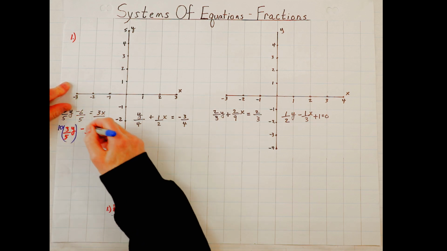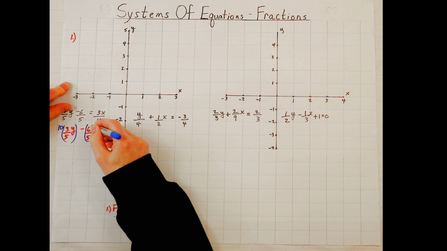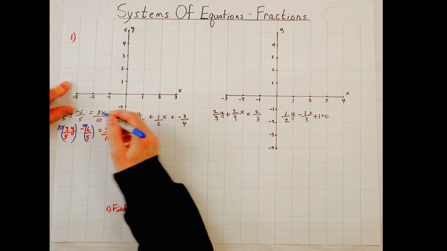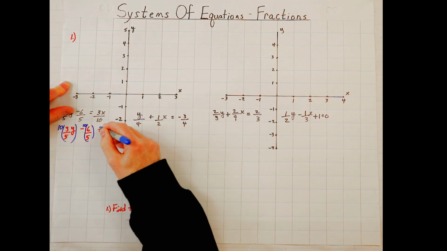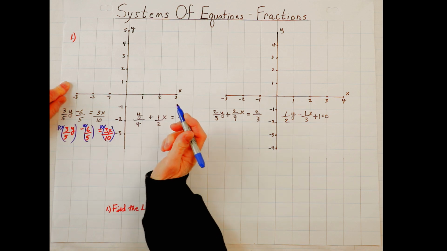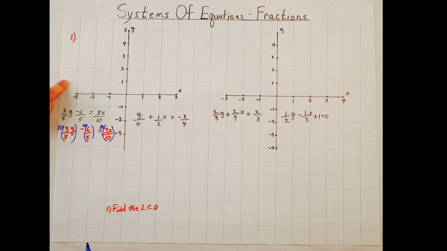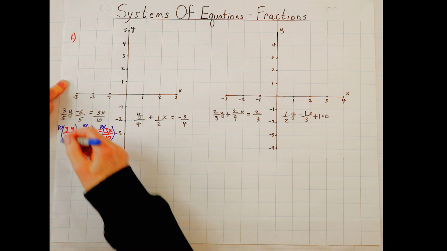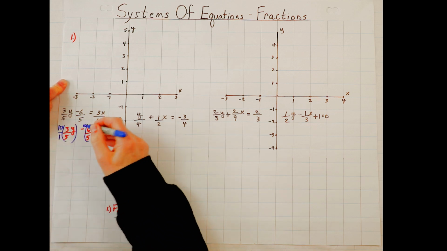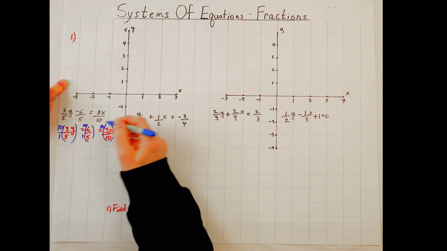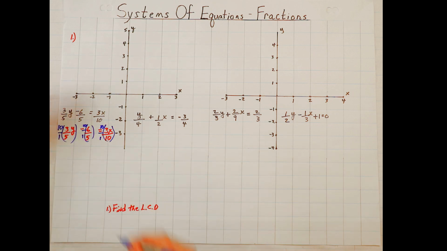So I'm going to put a 10 there, and a 10 here. And it's really 10 over 1, isn't it? For the first example, I'm going to show the 10 over 1.